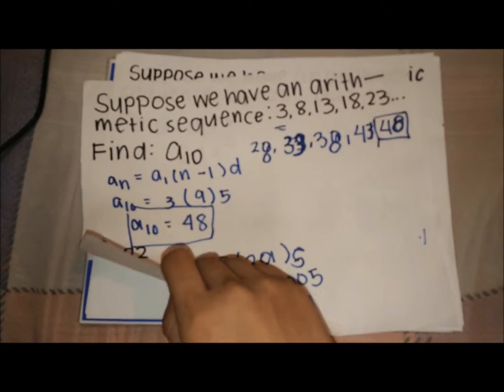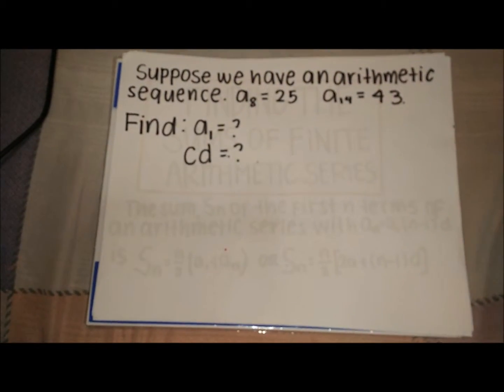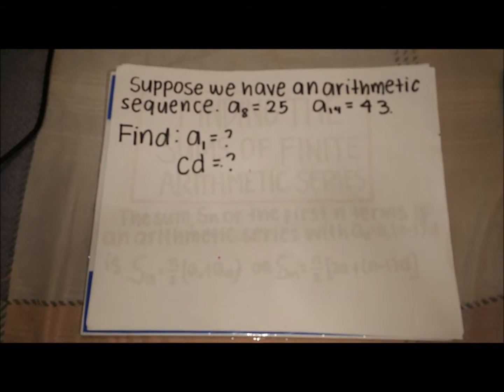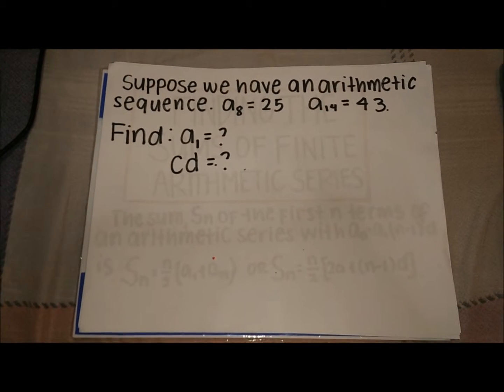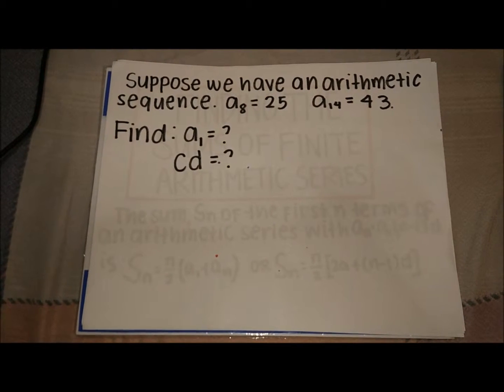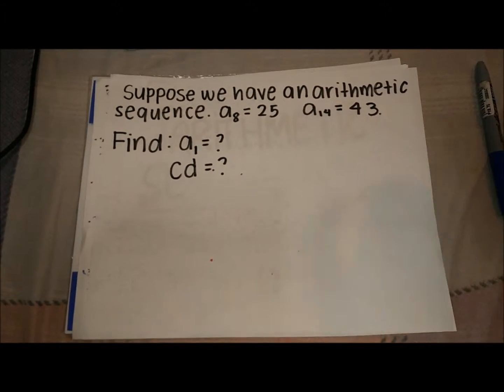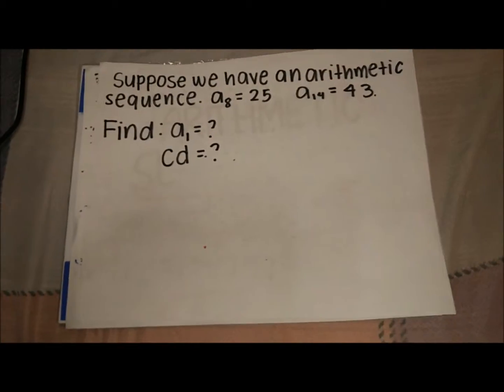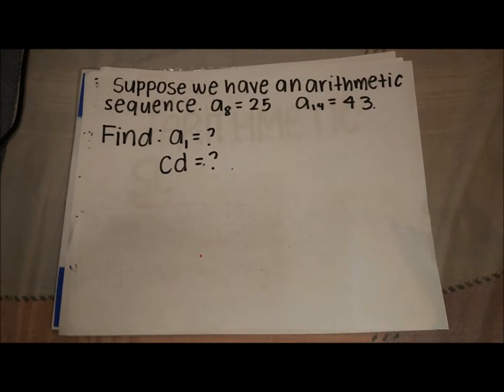So let's have a harder example here. Suppose we have an arithmetic sequence. So a sub 8 is equal to 25 and a sub 14 is equal to 43. Some may find this hard, but I think we just have to fill in what we know.